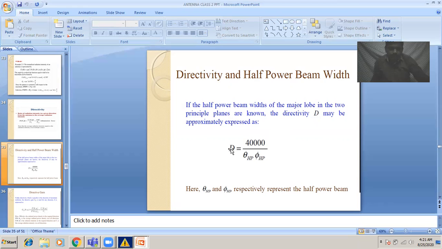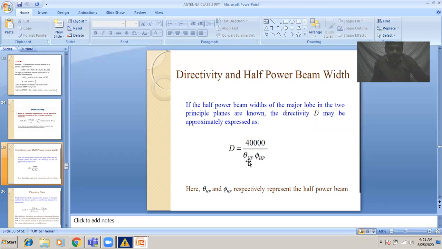So therefore, for smaller antennas, generally directivity and half power beamwidth can be related through this expression. If you see, this entire one can be replaced by the beam solid angle, that is gamma A. So theta HP into phi HP will become the beam solid angle gamma A. So therefore, D is inversely proportional to this gamma A. That means if the beam solid angle is more, automatically directivity is less.